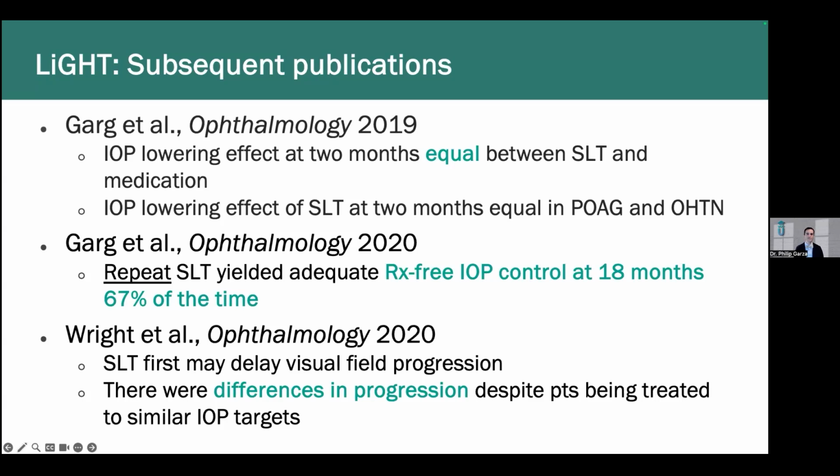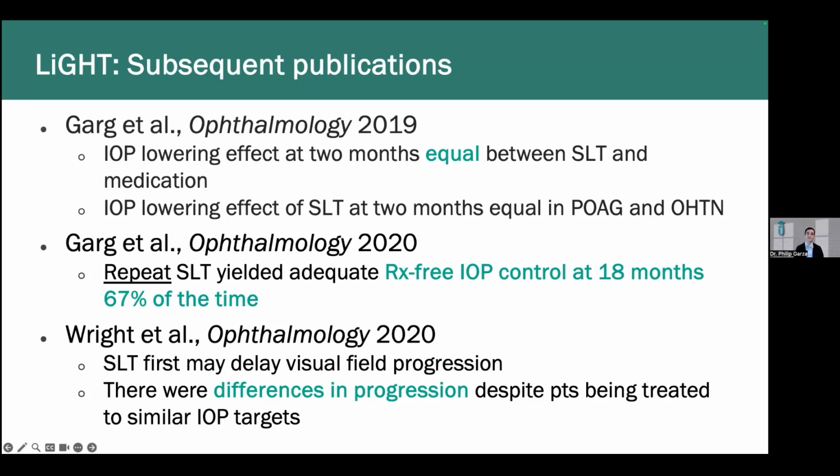This was a difference in progression on visual field with similar IOP targets, treated with something else. That means something other than IOP is going on here. The thought is that there's probably imperfect adherence among medication users, and there may be better diurnal stability of IOP.